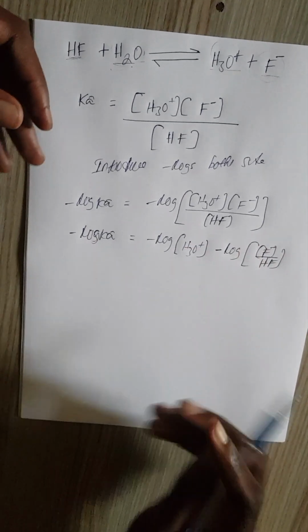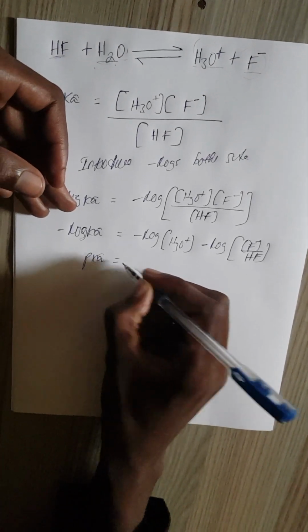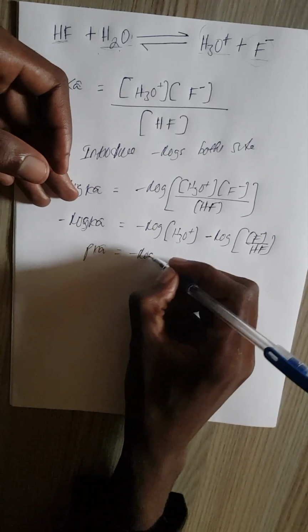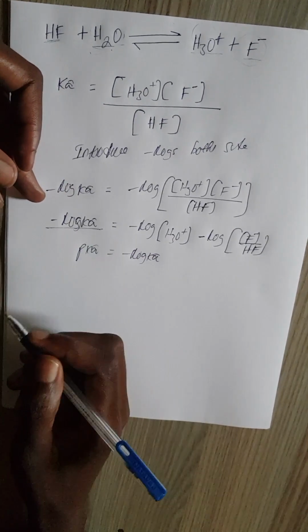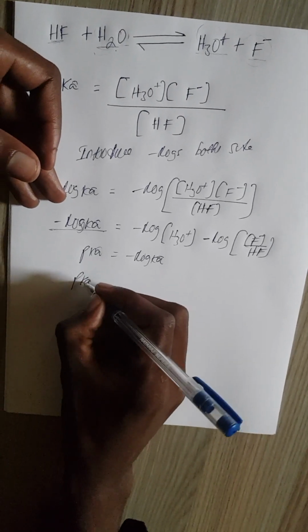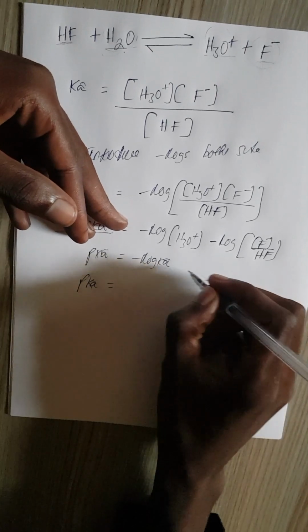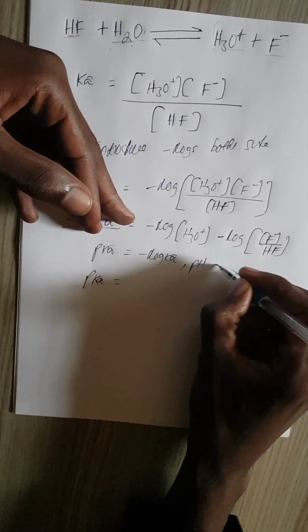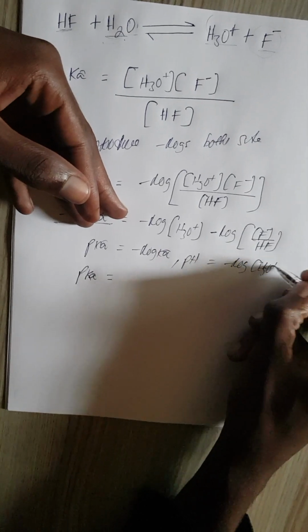Then according to the formulas, we know that pKa equals negative log of Ka. So where there is negative log of Ka, we put pKa. So we're going to have pKa is equal to, then we know pH equals negative log of hydronium ion.